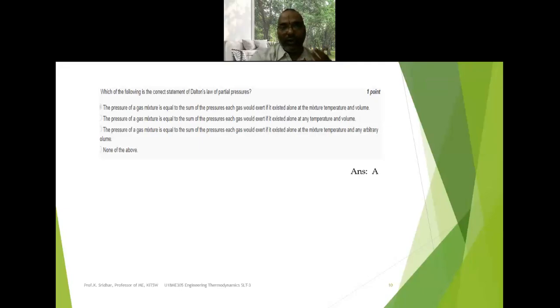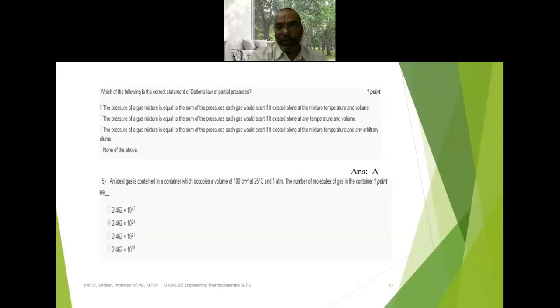The pressure of a gaseous mixture is equivalent to the sum of the pressures each gas would exert if it were alone at the mixture temperature and volume. That is, P is equivalent to P1 plus P2 plus P3, like that. Next, an ideal gas is contained in a container which occupies a volume of 100 cubic centimeters at 25 degrees centigrade and 1 atmosphere.